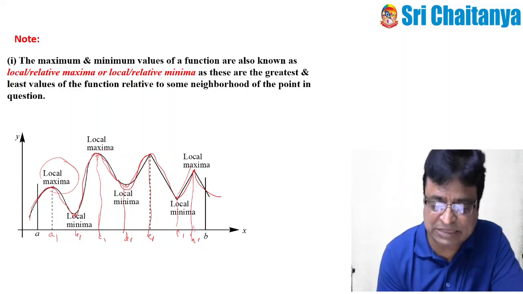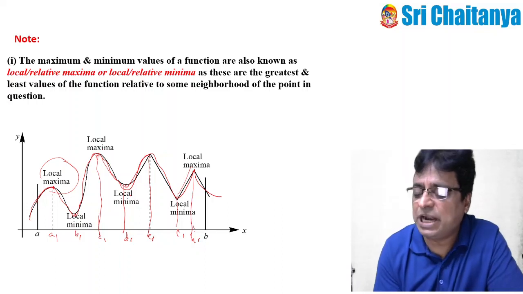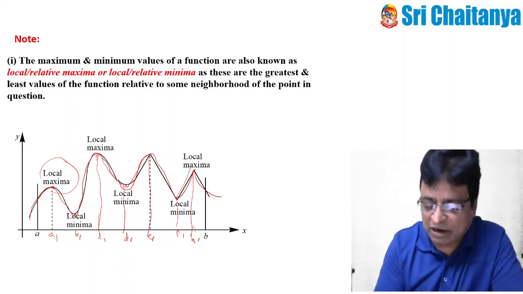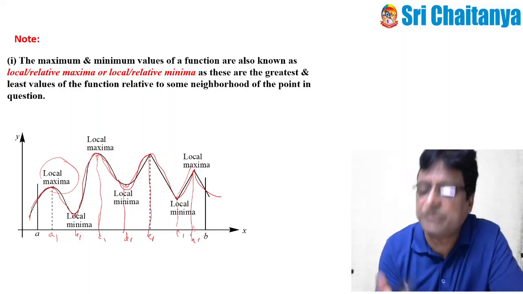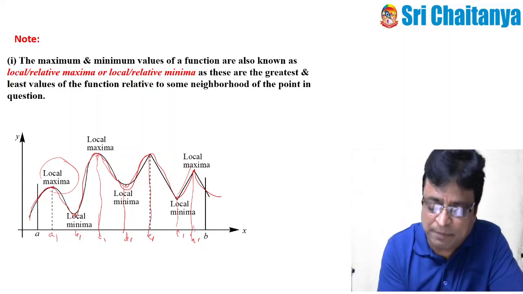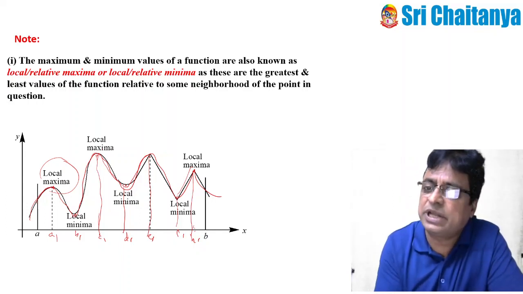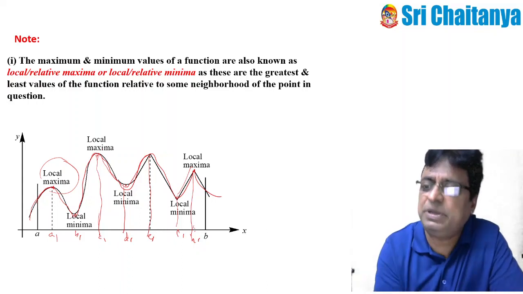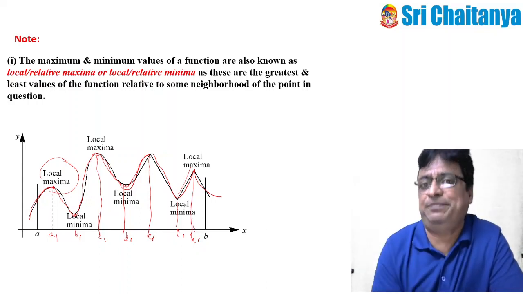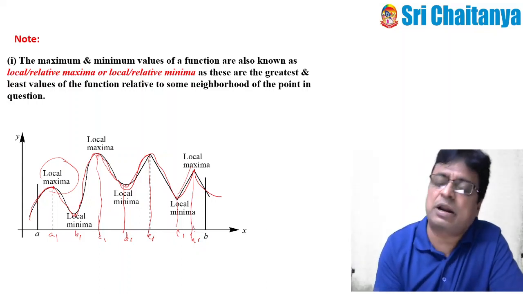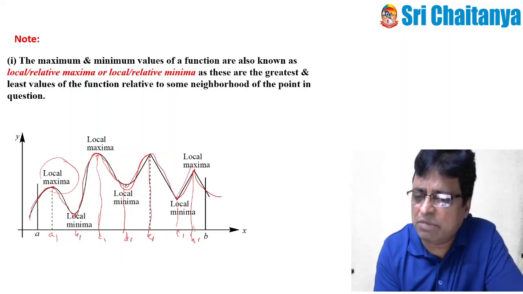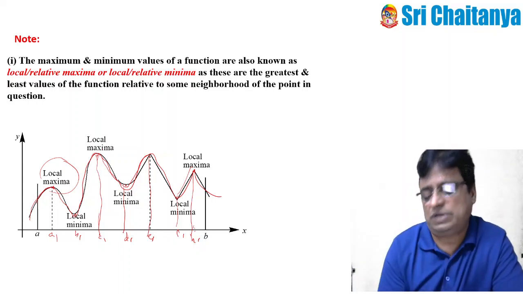This is local maxima or relative maxima. Why are we using relative? When compared with all the values in the neighborhood of that particular point, it is the greatest, or for a minimum, the least. That is why we use relative. So local maxima or relative maxima, local minima or relative minima are the suitable words.